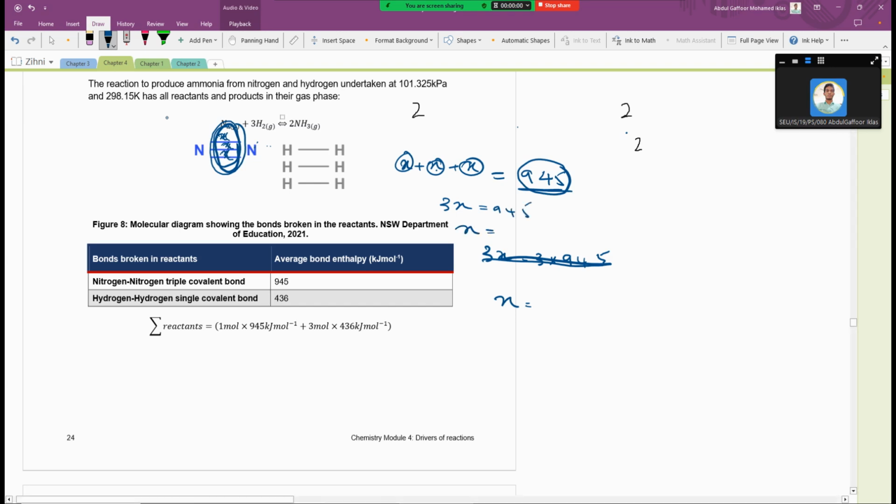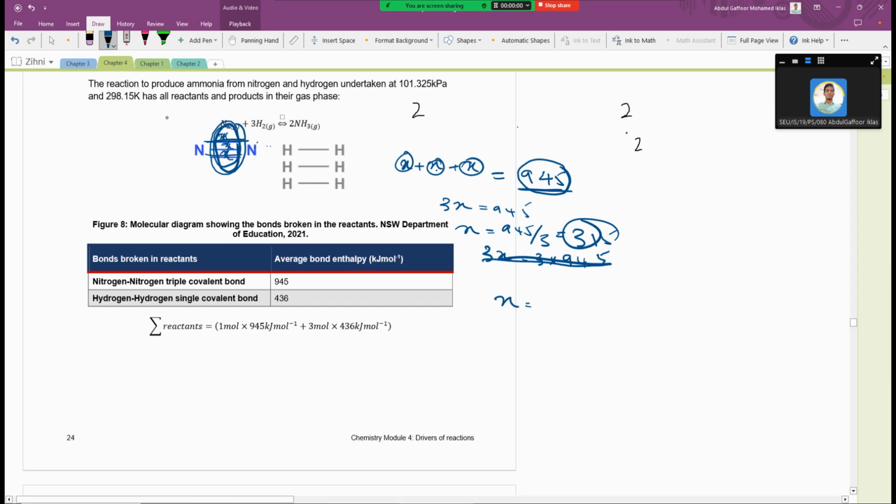So x is equal to 945 divided by 3. What is the answer? 315, right? So for breaking each bond we require 315. But that is not the case here.